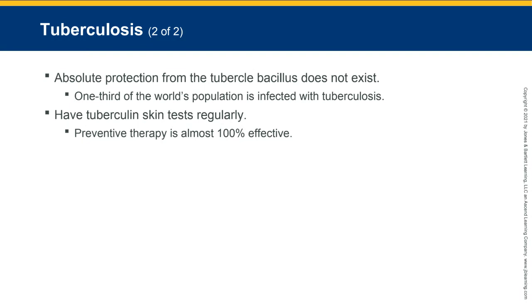One third of the world's population is infected with tuberculosis. Have a tuberculin skin test regularly. Preventive therapy is almost 100% effective. And if a person has latent TB, even though they can't spread it to anybody else, they're at risk of developing active TB. So if it's latent, they still have to get treatment.